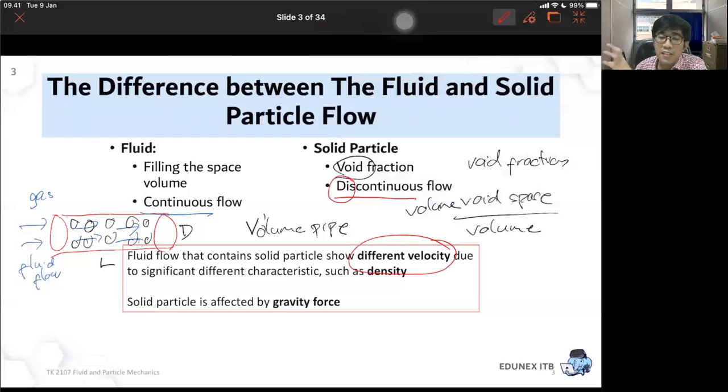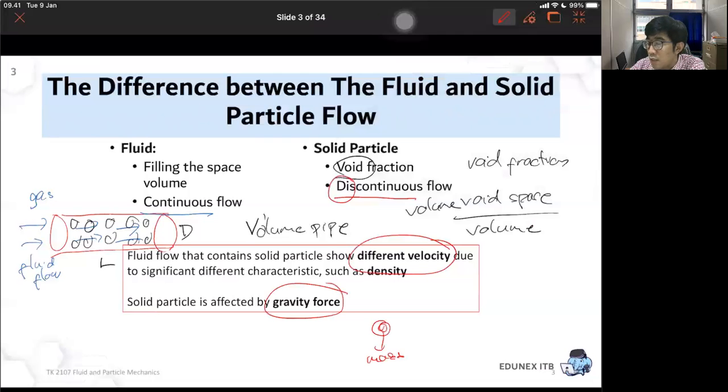So you can imagine the story that I've described to you. The particles will flow with different velocity due to different density, and the movement of the solid particles will also be significantly affected by gravity because it has significant mass, right?